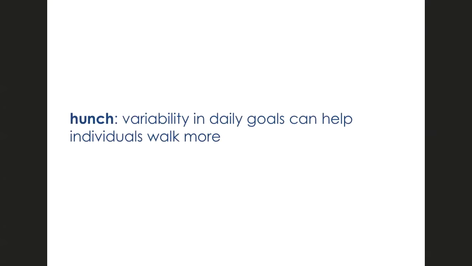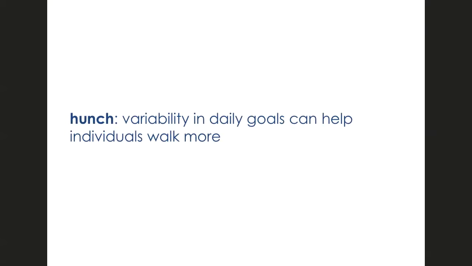She was working on one of Eric's walking studies, and one of the things that she saw is that people really like variable daily samples that they were given during the study, right? And so she thought, oh, maybe there's something about this variability that could be an effective way of changing the behavior, right? And so this is a hunch, right? It's not well defined yet as a construct, certainly not of a kind that Susan Michie would put into a taxonomy, right?